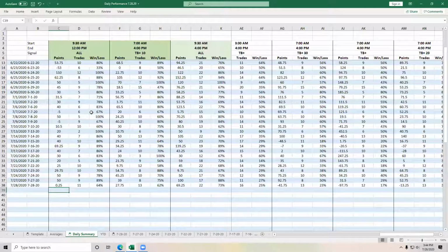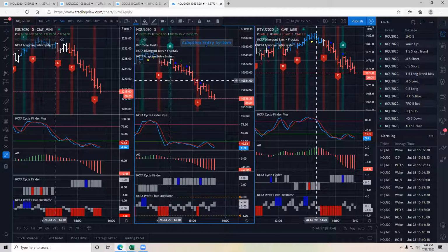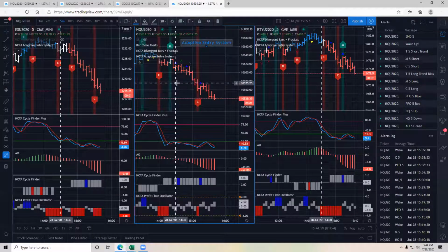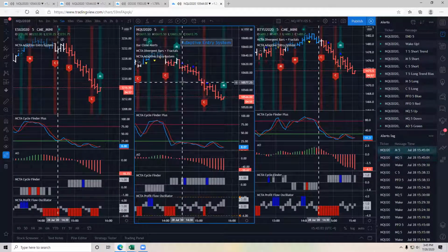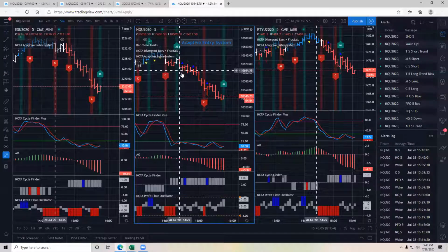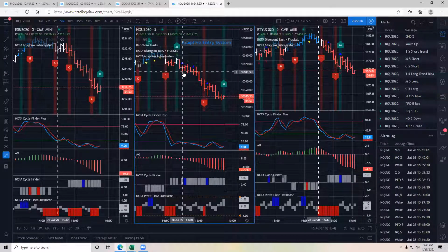So all signals, if you're not familiar with this, means that we are looking at all three methods of entry on the adaptive entry system. Method one is a trend bias trade, which means we've got a red bar, a second red bar, and we enter a position on that second red bar.